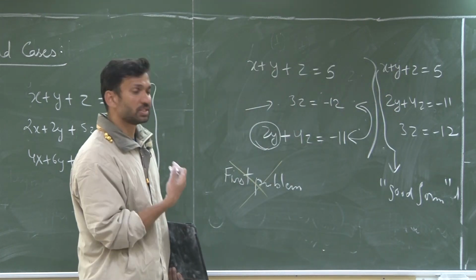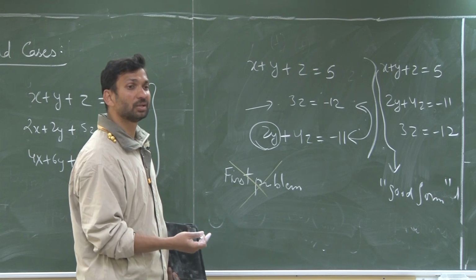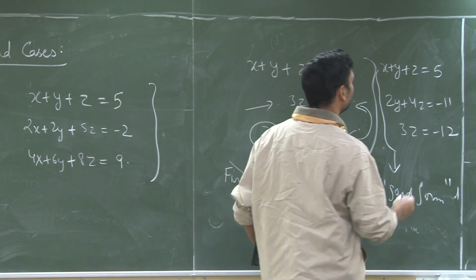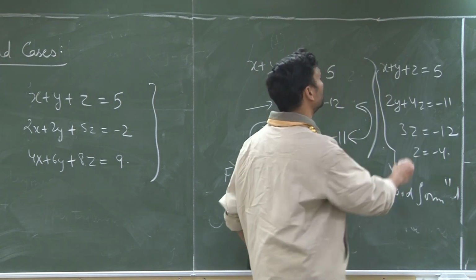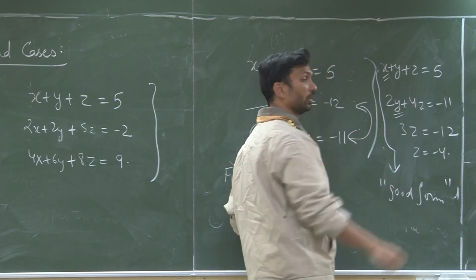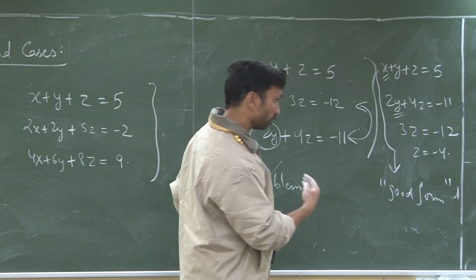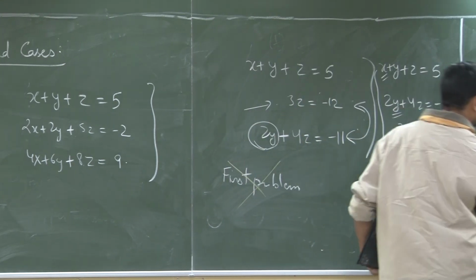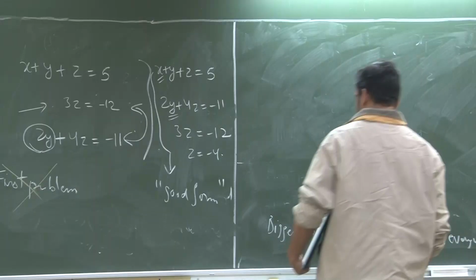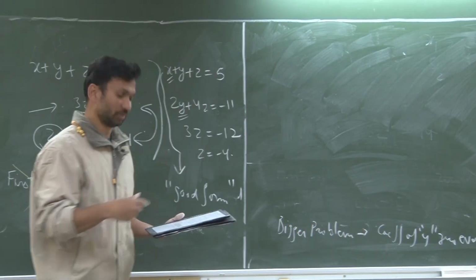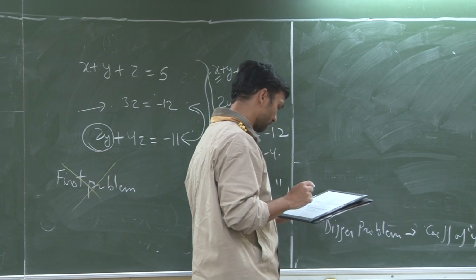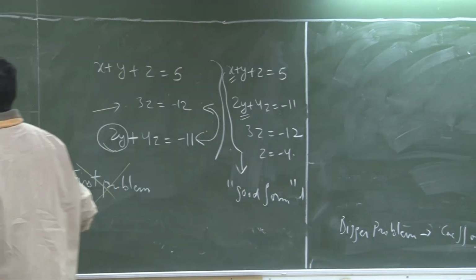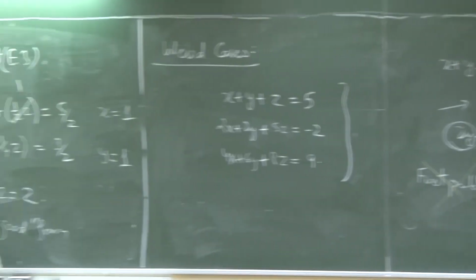Once again, if these equations are in good form, I can back substitute. Z is going to be minus 4, you can calculate the value of y, you can calculate the value of x. So the first problem is not really an important problem. Even the bigger problem is not going to be a very big problem. You will see that there is a simple resolution to go about it.